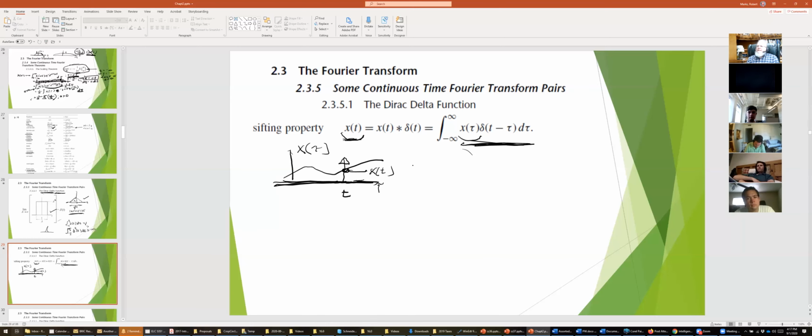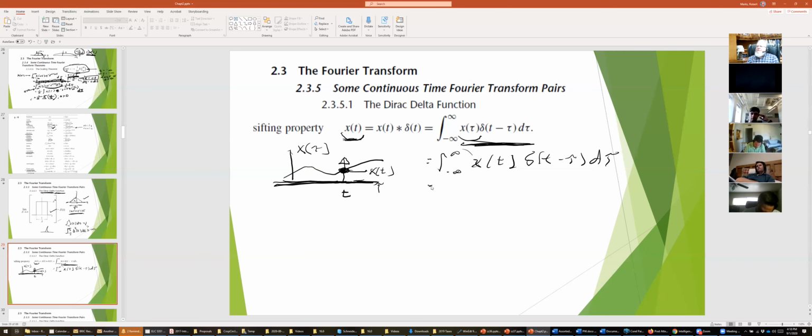So I maintain that this is the same thing as the integral from minus infinity to infinity of x of t delta of t minus tau. Because right here, we see a sifting happening, right? We see that this delta function sifts out the specific value x of t at this point.